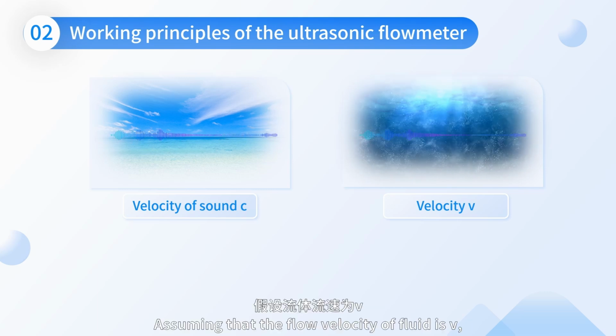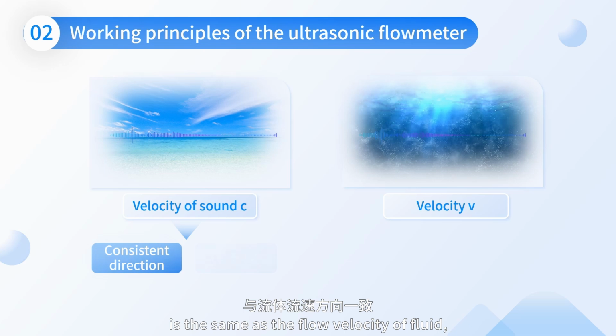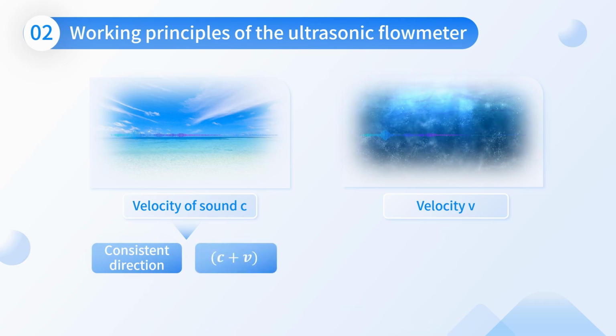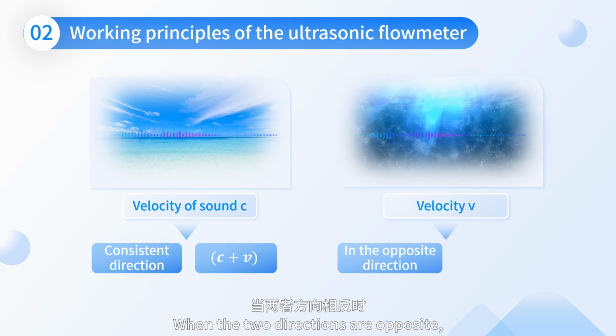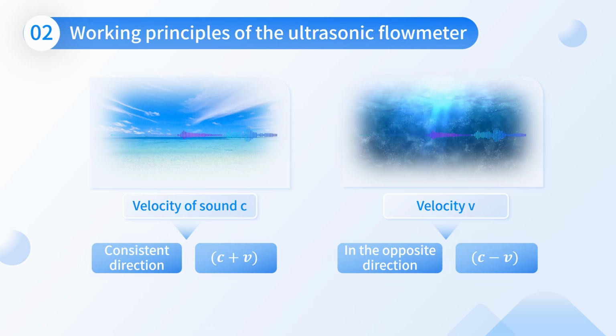Assuming that the flow velocity of the fluid is v, when the propagation direction of the ultrasonic wave is the same as the flow direction of the fluid, its propagation velocity is c plus v. When the two directions are opposite, the propagation velocity is c minus v.